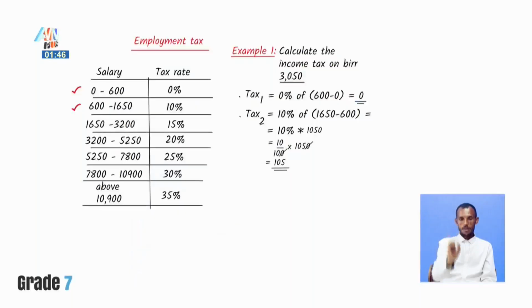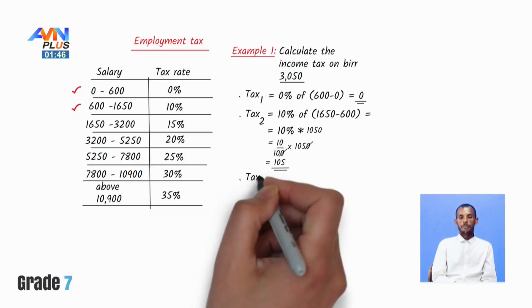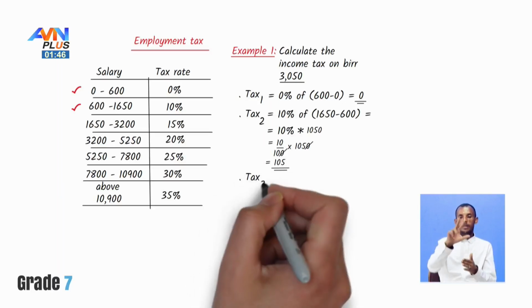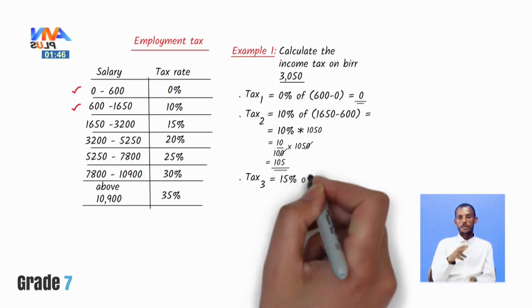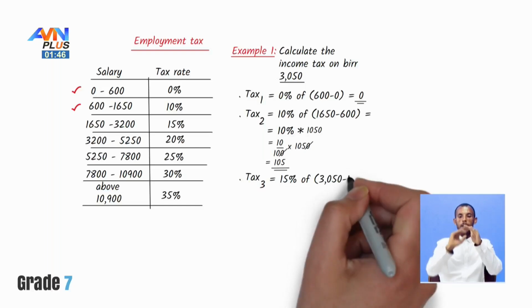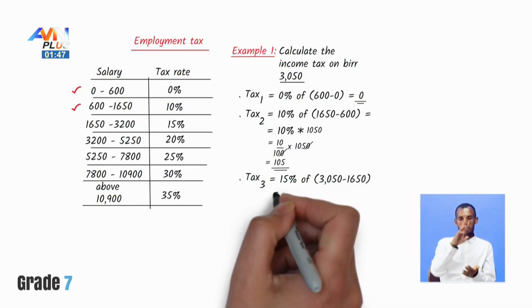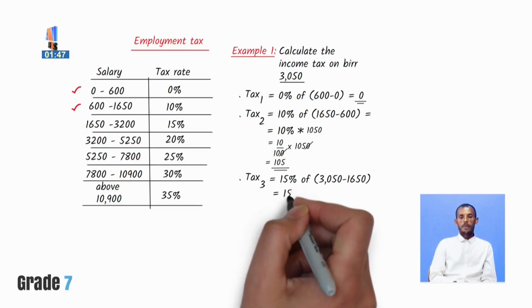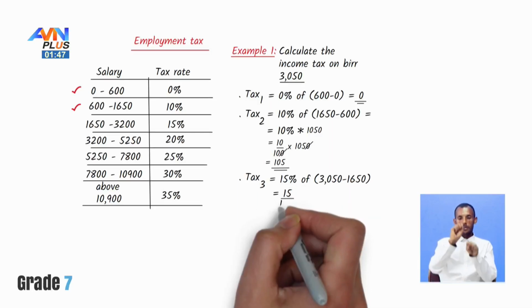Therefore, the tax will be 15% of 3,050 minus 1,650, which is the income found on this interval.